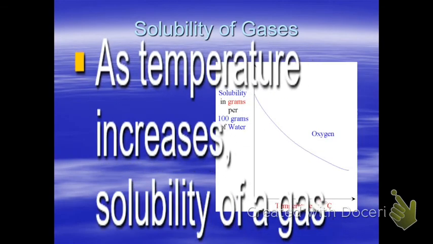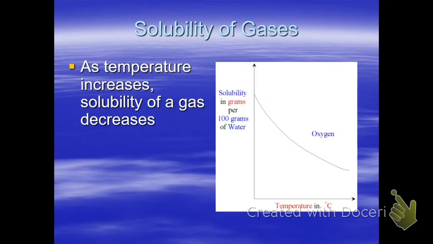This is just showing you that as temperature increases, the solubility of a gas will decrease. If you look up online something called thermal pollution, this is a situation that has to do with the solubility of gases. People have issues with nuclear power plants because it causes the temperature of the bodies of water nearby to go up.